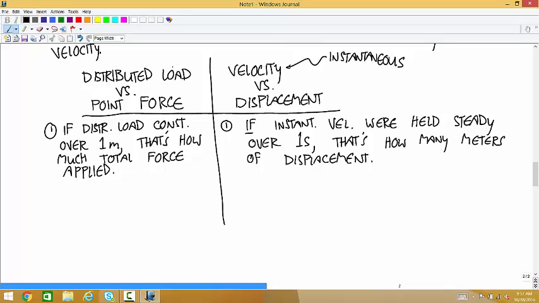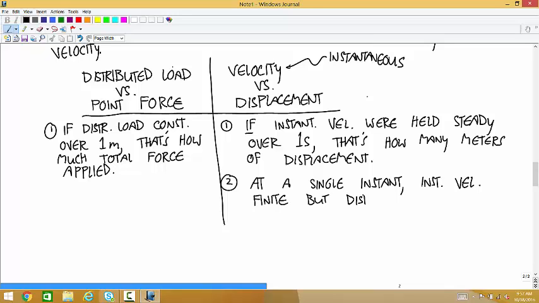Okay, second, at a single location, how much displacement is provided by a velocity? Well, none, right? In a single instant, you can have an instantaneous velocity, but you don't go anywhere in an instant. So at a single instant, the instantaneous velocity is finite, but the displacement is infinitesimal.